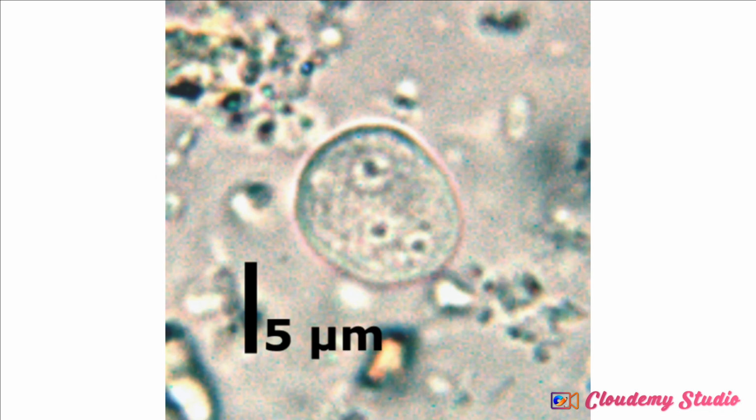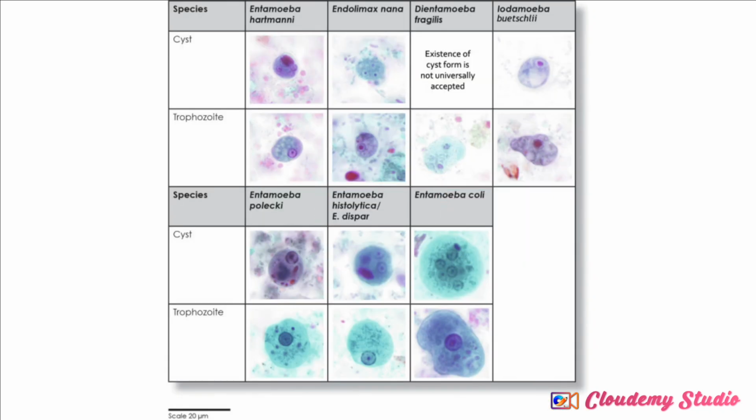So these are the morphological differences between the two of them. Entamoeba histolytica has 4, Entamoeba coli has 8. This is the major difference between them.